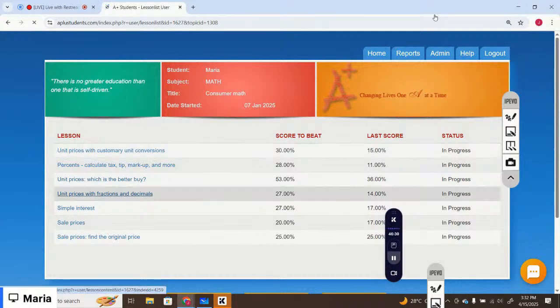The next lesson is unit prices with fractions and decimals.